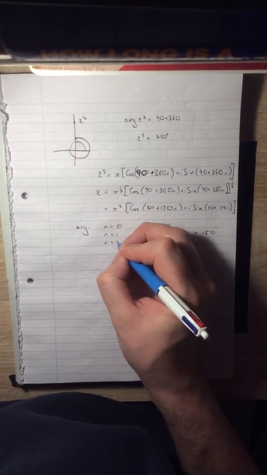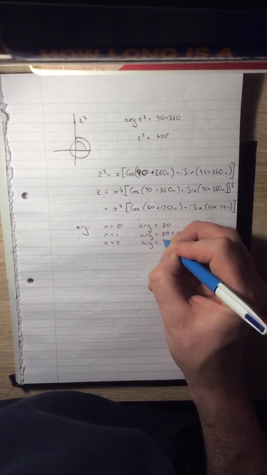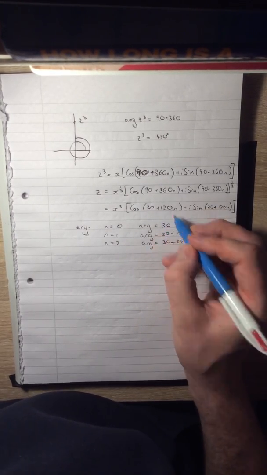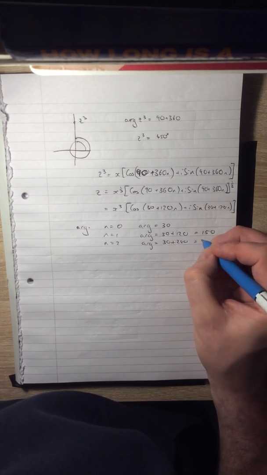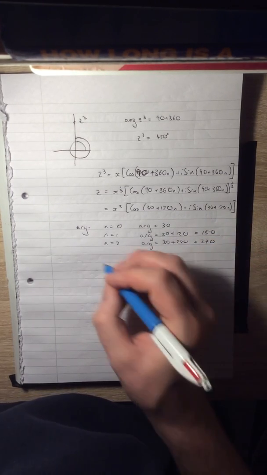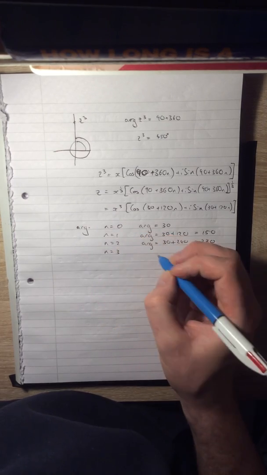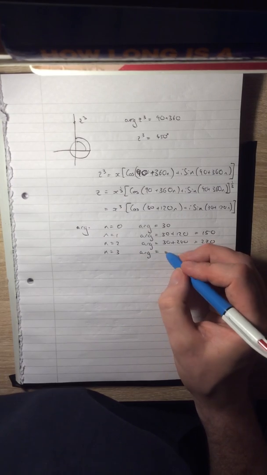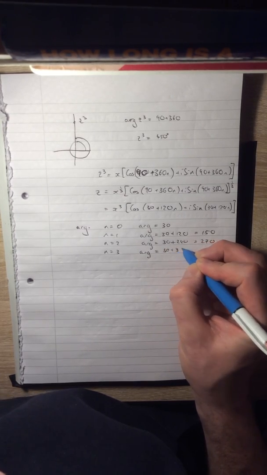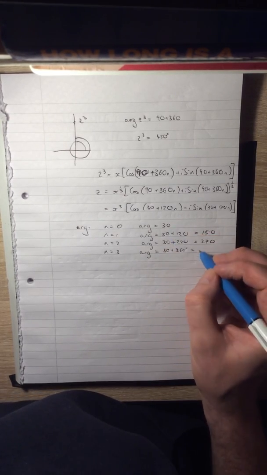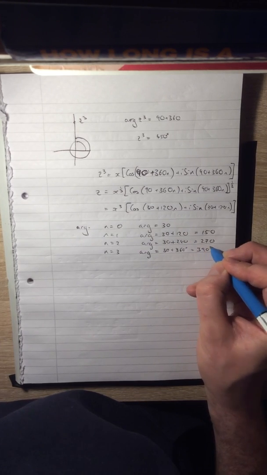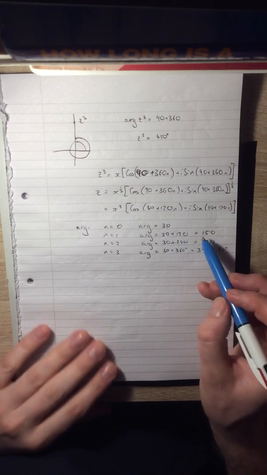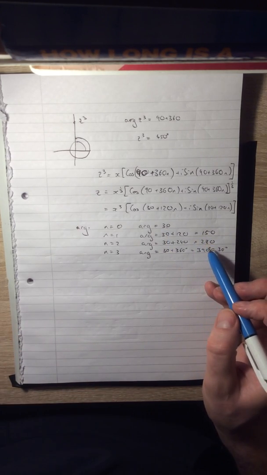When n is 2, the argument is 30 plus 240, twice 120, and that's going to be 270. When n is 3, the argument has to be 30 plus 360, which just gets us back to where we started. 390 is the same argument as 30 degrees. So it's one of these: 30, 150, or 270.